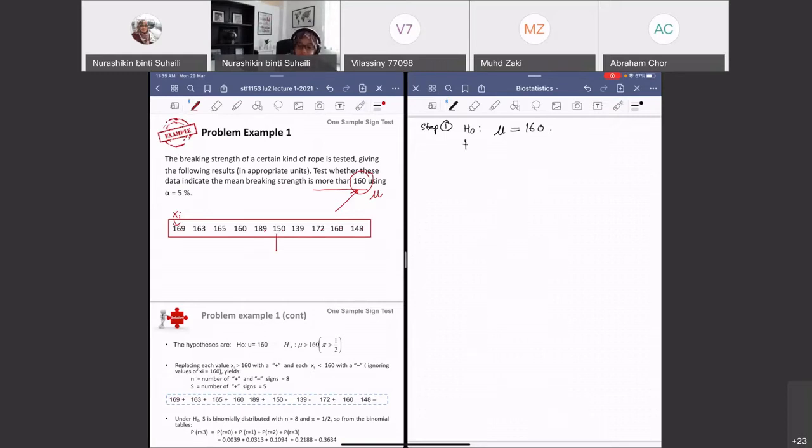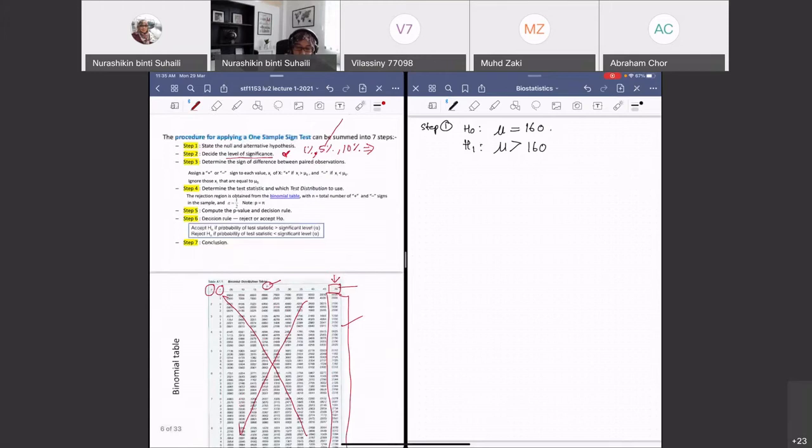For the alternative hypothesis, since it's mentioned "more than," that's the information you use to develop it. The alternative hypothesis is that mu is greater than 160.